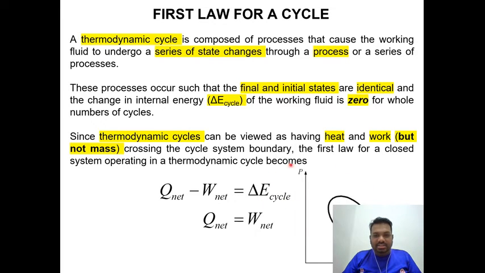Since the change in the cycle equals zero, you get Q net equals W net, meaning the total energy transfer equals the total work done. But the condition is it must be a cycle, and the initial and final state must be the same, meaning one complete cycle.